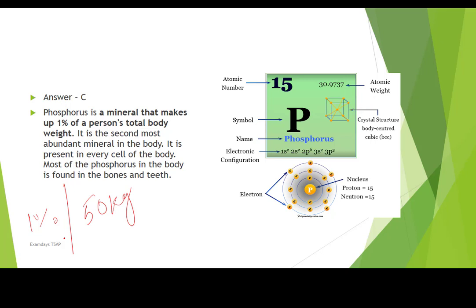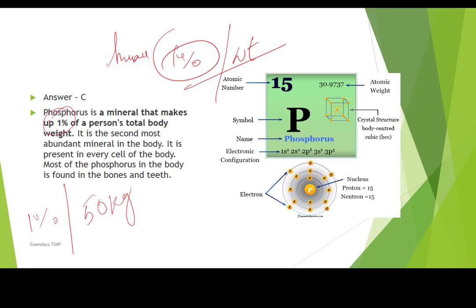Most of the phosphorus in the body is found in the bones as well as in the teeth. Everybody has a different weight, so the amount will differ from person to person.